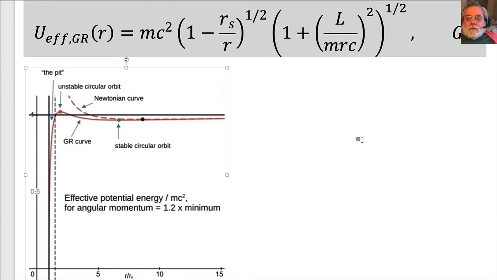The red dashed Newtonian curve increases to infinity as it approaches the origin. In contrast, the general relativity curve turns down, has a local maximum, and then crashes toward zero energy at the event horizon, the pit. Every angular momentum for which there is a circular orbit has this pit.